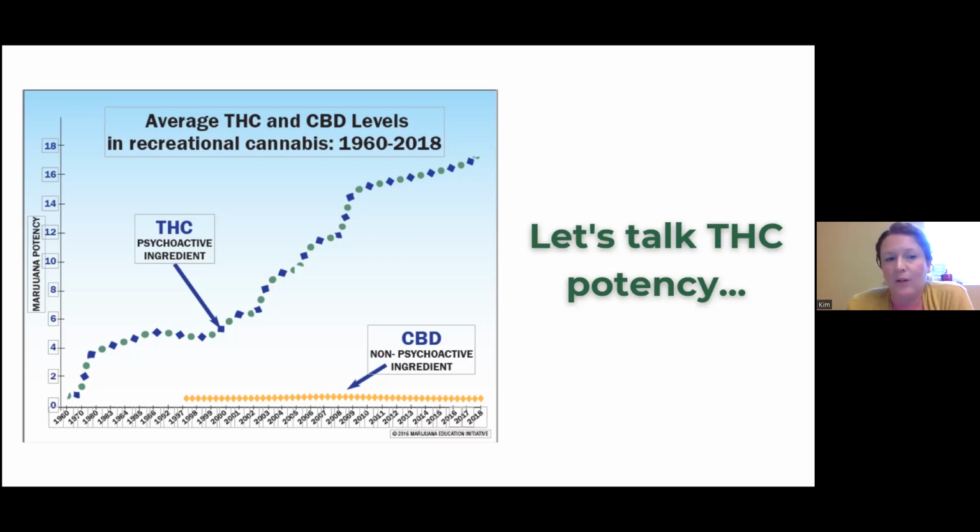When you look even on the streets, let's talk dirt pot, right? What you would roll up in a joint or smoke in a bowl or a bong. Even that right now, the highest amount that has tested is 35%. So roughly 18 to 35% is what you would find on the streets today.